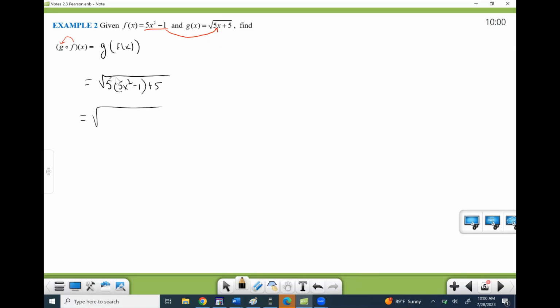All right, so 5 times 5, we got 25x squared. And 5 times negative 1 is negative 5. Oh, I made a big old radical when I didn't need to, because these guys are just going to cancel.